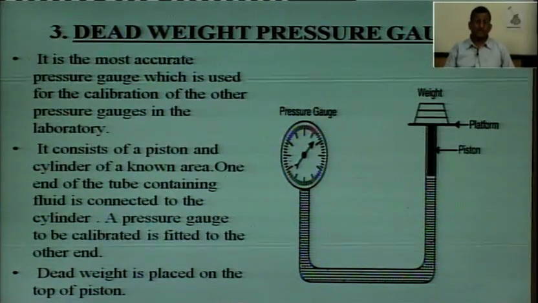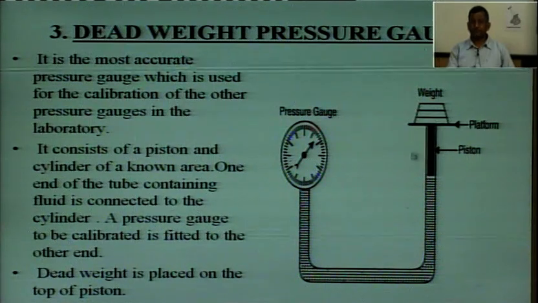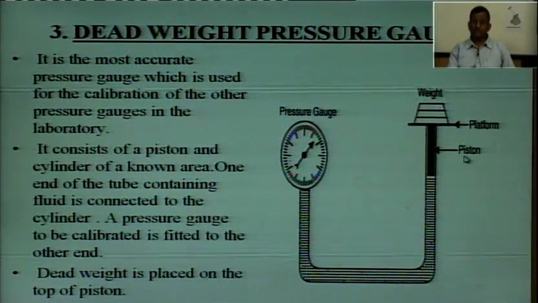The last one is the dead weight pressure gauge. So this is the weight. This is a tube. This is the pressure gauge, and this is a platform on which we place different weights. This is a piston.